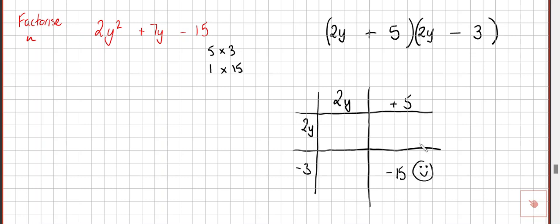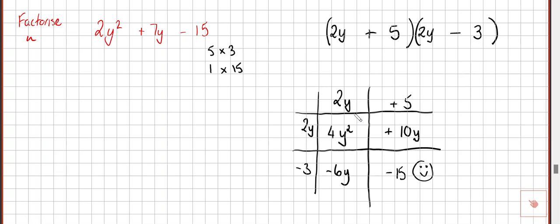I'm happy with that. Don't write this down, just sit and watch. What is 2y times 5? It's 10y. What is minus 3 times 2y? Minus 6y. And then 2y times 2y is 4y squared.